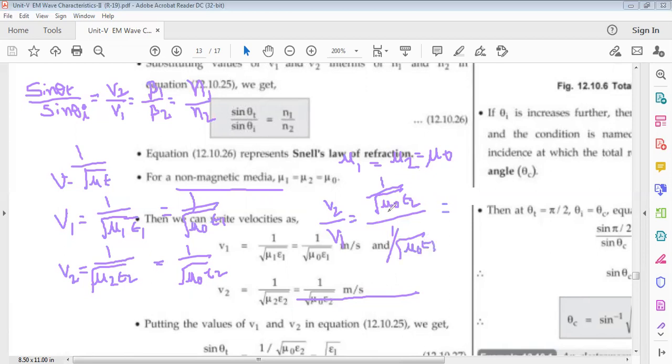And you can simplify them. 1 by mu naught and 1 by mu naught are the same, so we get the square root of epsilon 1 by epsilon 2. That is, sine theta T by sine theta I is equal to, again, the square root of epsilon 1 by epsilon 2. Got it, my dear students?